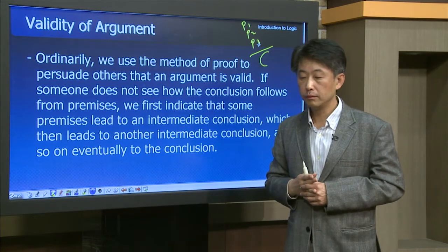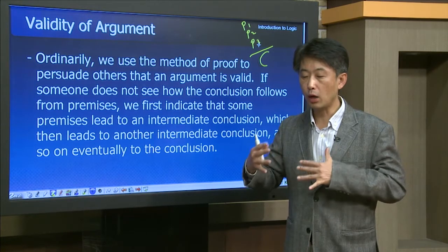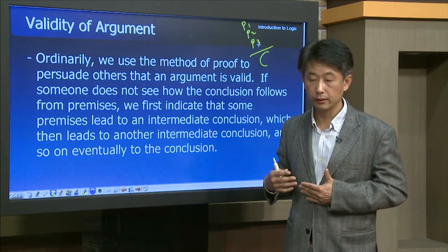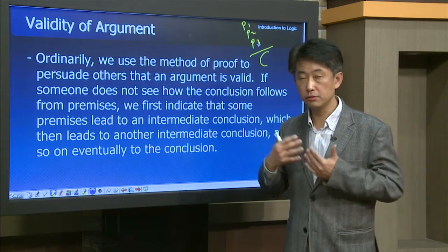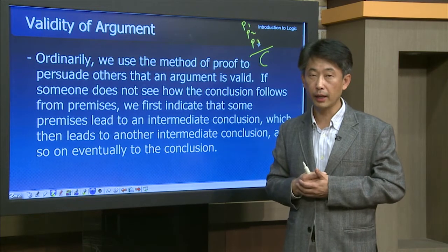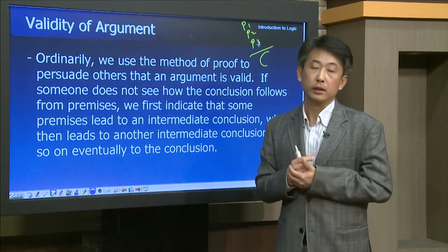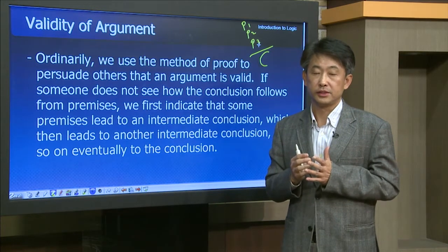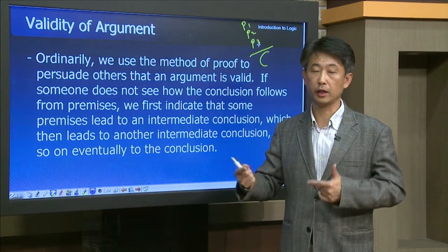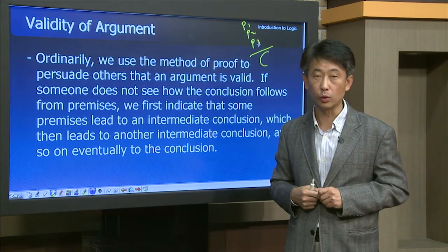So the question arises about whether the given argument is valid or not, and you think that the argument is valid, and the other party doesn't believe that. What can you do? Ordinarily, we do not sit down and construct a truth table to persuade others that a given argument is valid. That's not what we do ordinarily.